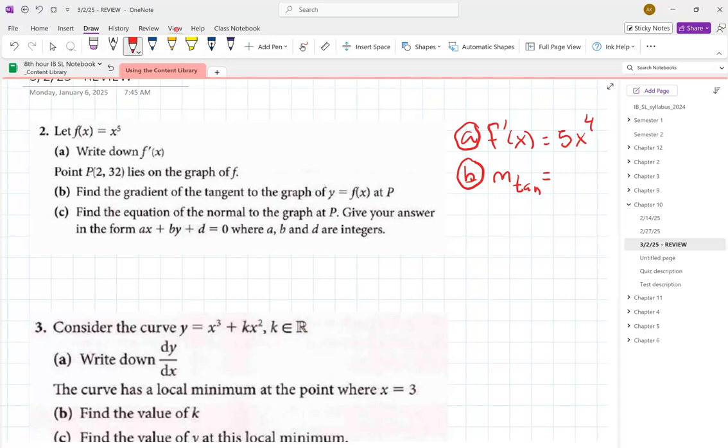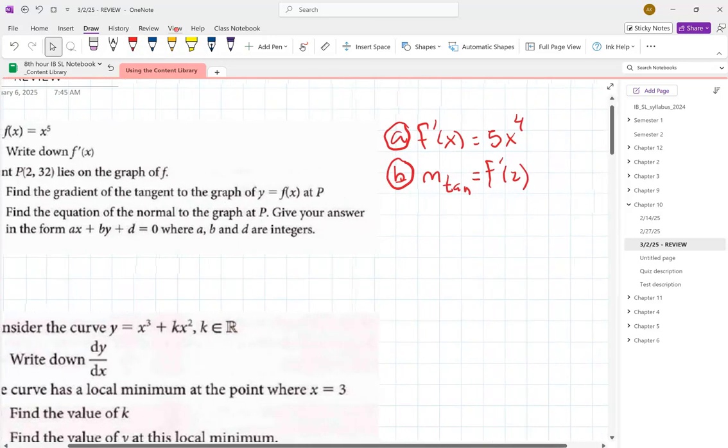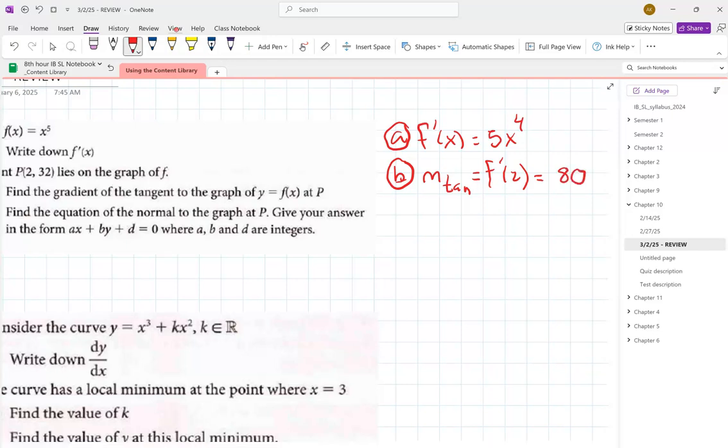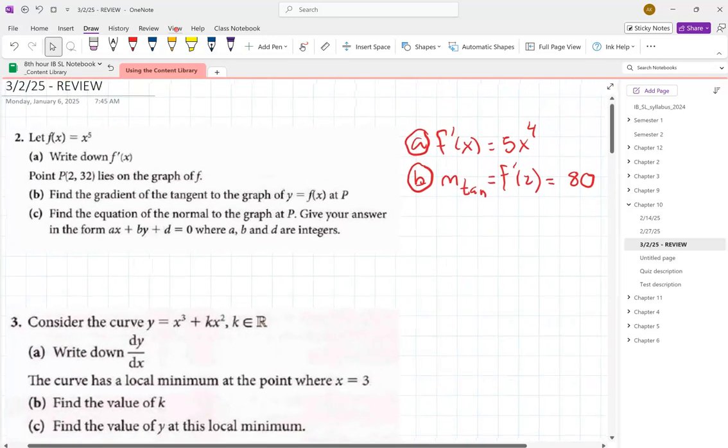All right, what do we have to do? We were looking for the slope, aka gradient of the tangent. How do I find that? Put the x value of the point you're looking for in your derivative. That's right. We're just going to plug 2 into f prime. That's going to give us, I think, 80. Great.